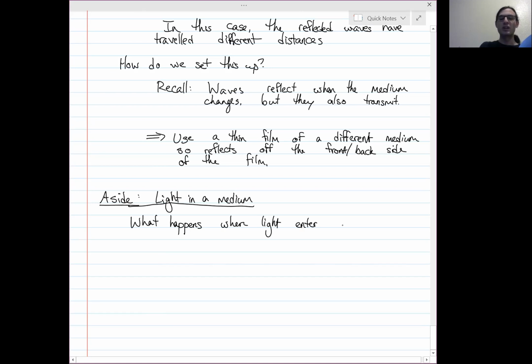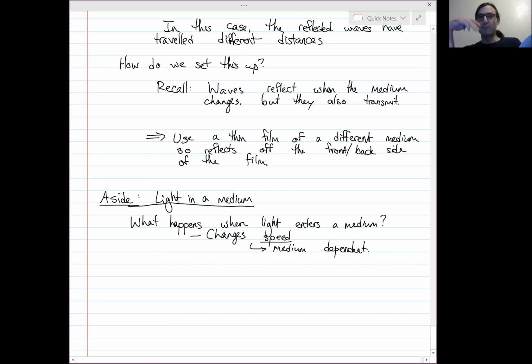Remember, it doesn't really need a medium, but it can travel through a medium. In that case, it changes speed, and that is medium dependent. Not so surprising. Just like on a string, the speed of light also changes depending on the medium.